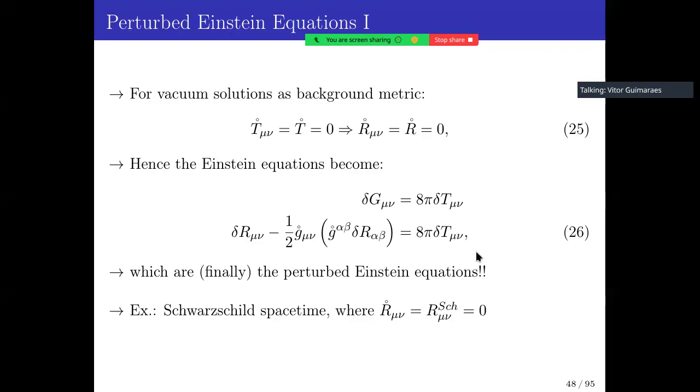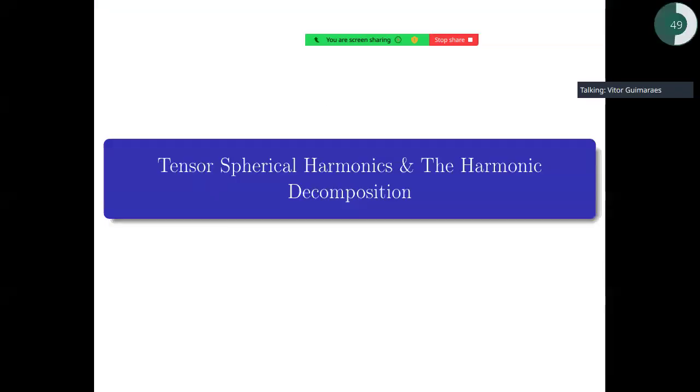Okay. All right. So now we will take a little detour to talk about tensor spherical harmonics and the harmonic decomposition. When we are perturbing our spacetime with scalar fields, the decomposition is very simple to do.